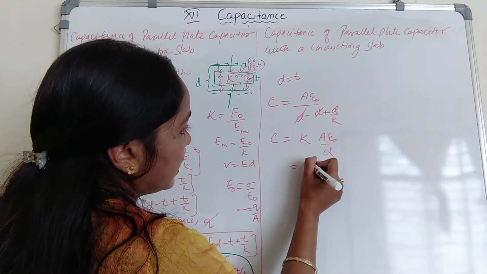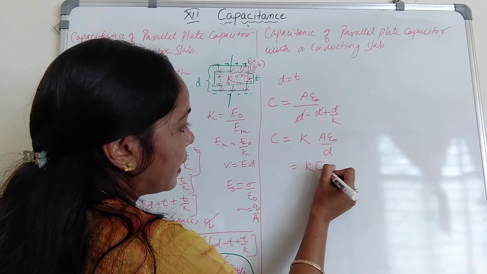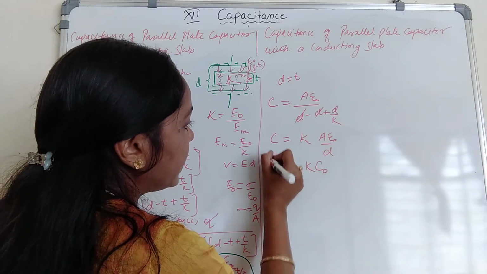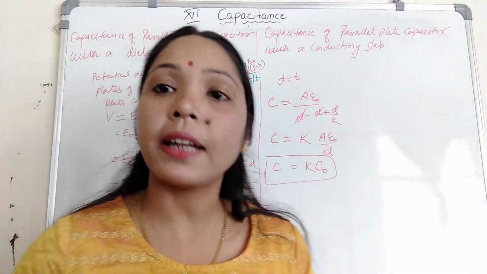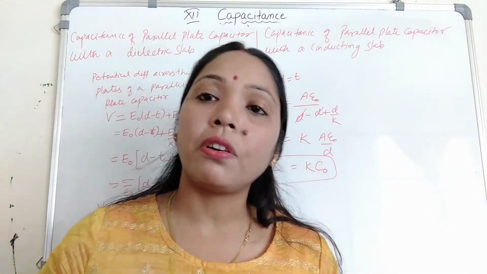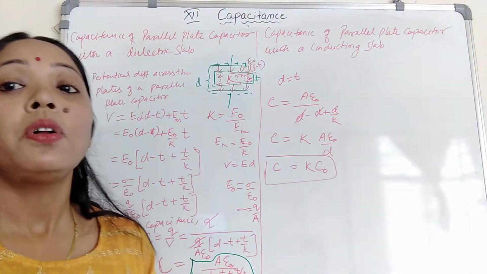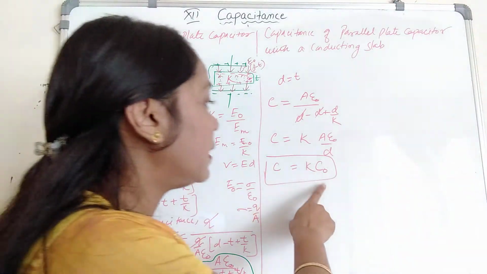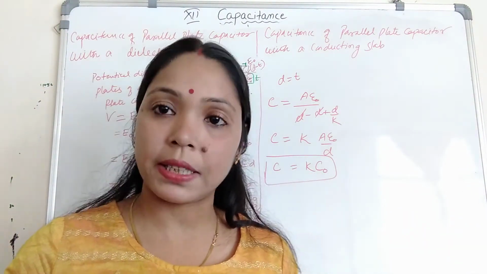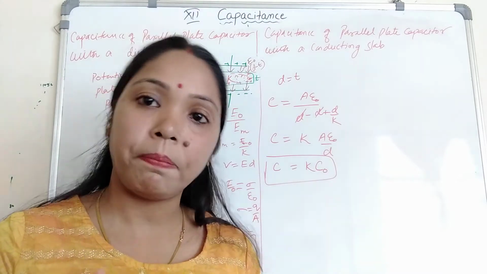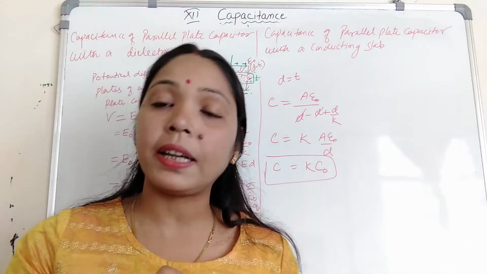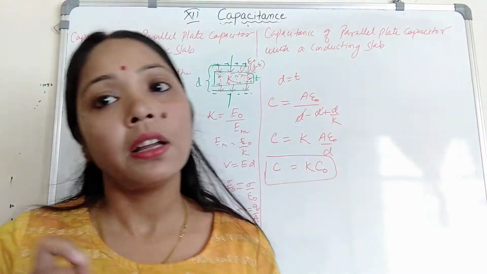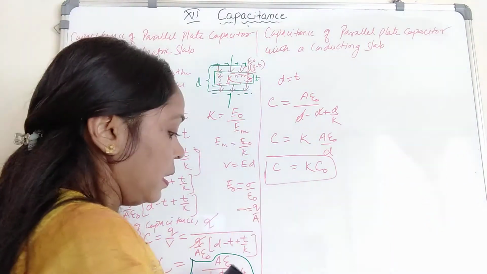So this is K. What is A epsilon naught by d? C naught. So C is equal to K times the capacitance of a parallel plate capacitor when air or vacuum is present between the plates. This expression is very important to solve conceptual questions.